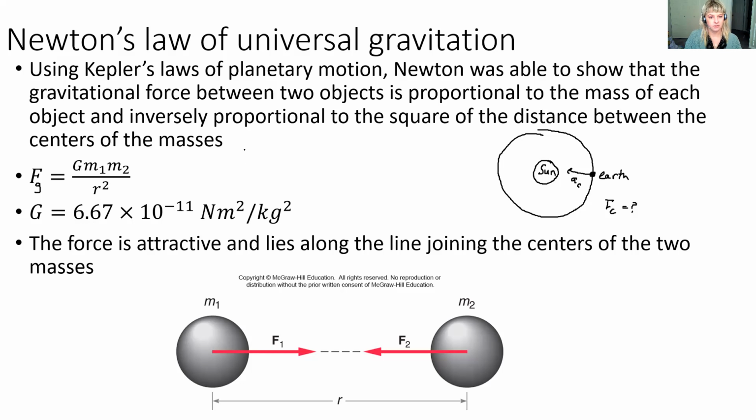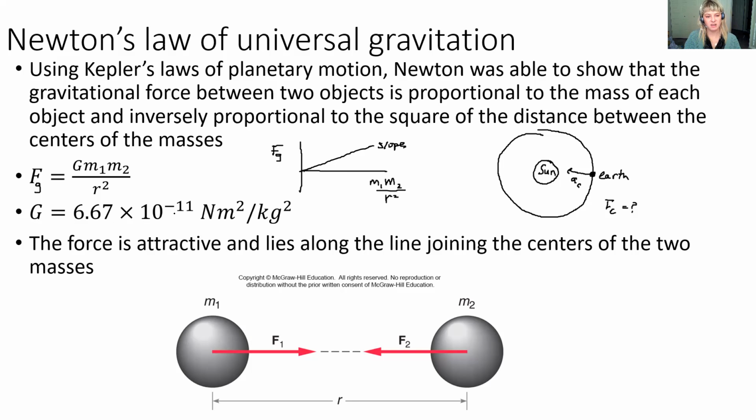So if I graph, for example, force on the y-axis, and I graph m1 m2 over r squared on the x-axis, the slope of that line would be the gravitational constant G.